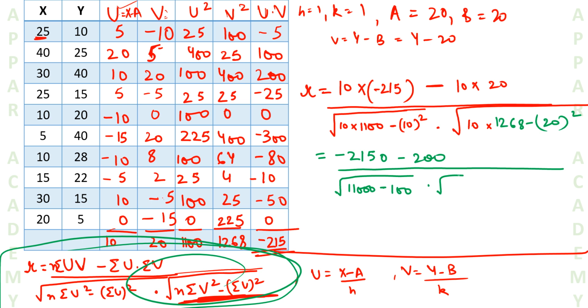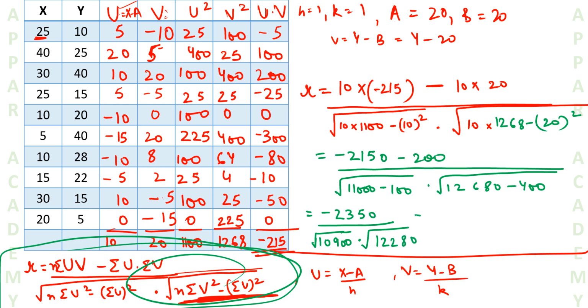This multiplied by square root of 12680 minus 400. Right? So this becomes minus 2350 upon square root of 10900 multiplied by square root of 12280.